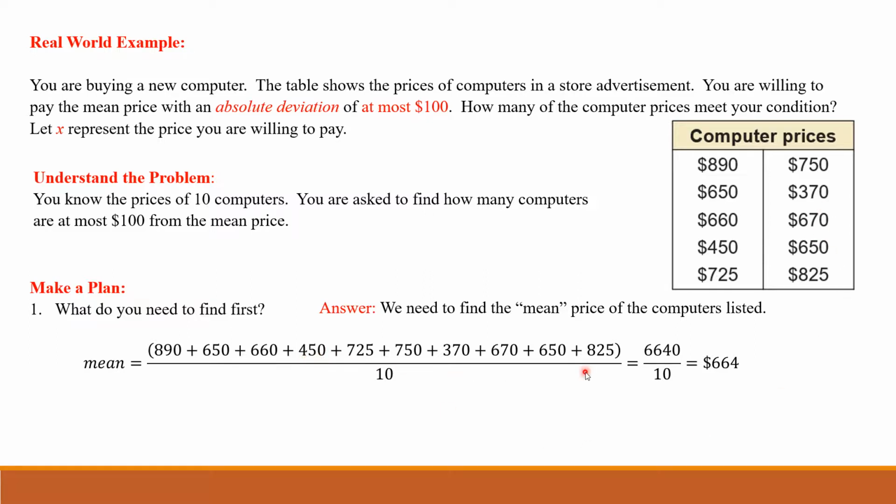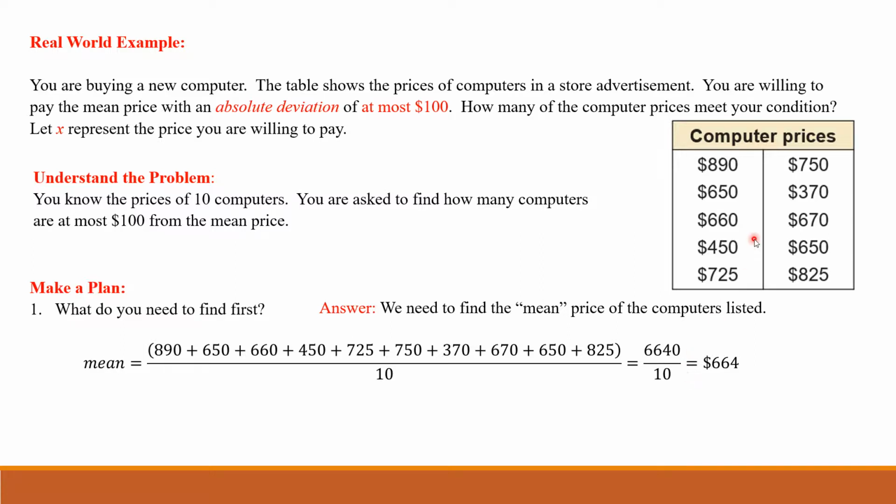The sum of all those prices is $6,640, and dividing by 10, we get $664 as the mean price. So we're going to look for the prices that are within $100 of 664, either less, minus 100, or more, plus 100.